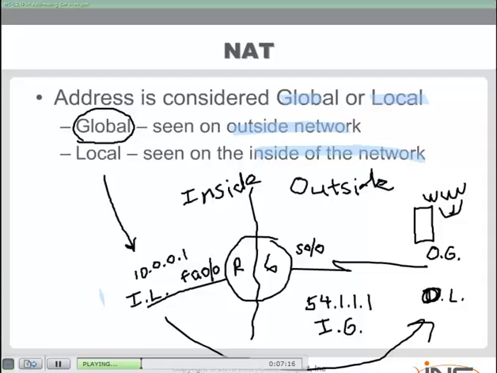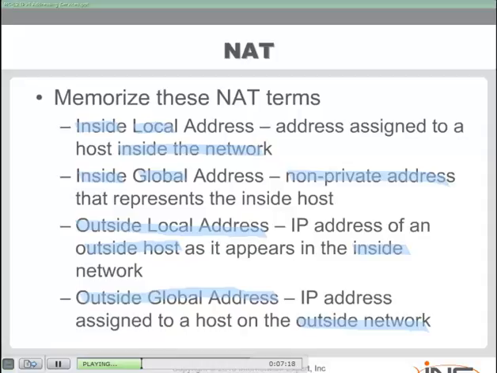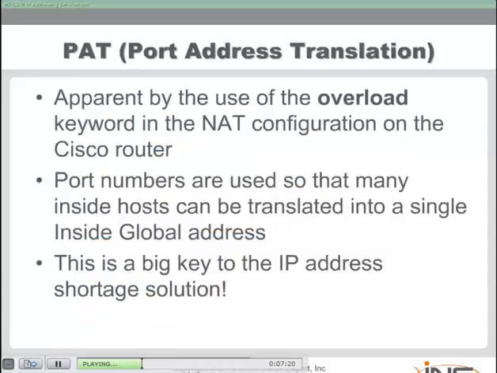Now, we said that network address translation can be a band-aid for the IP address shortage. The real band-aid nature of this, why it really functions as a band-aid, is actually not just NAT. Why it's really a band-aid is port address translation, PAT.